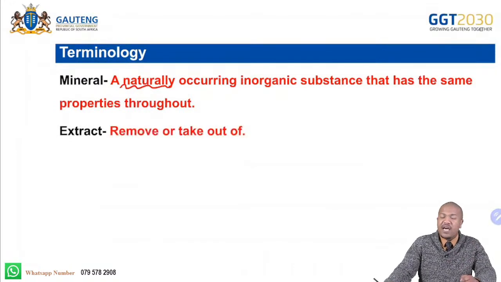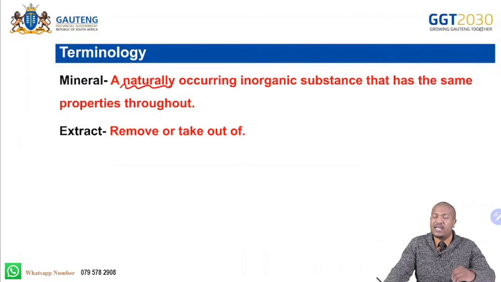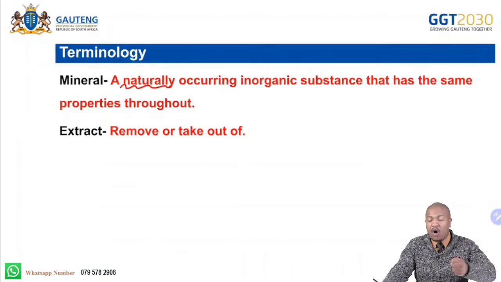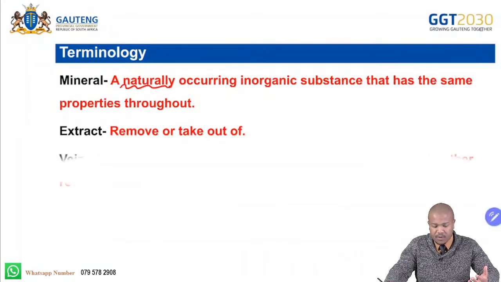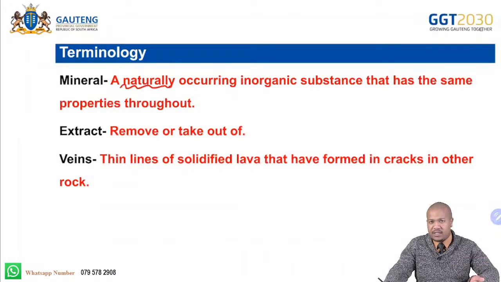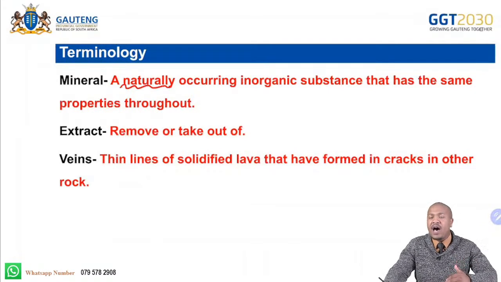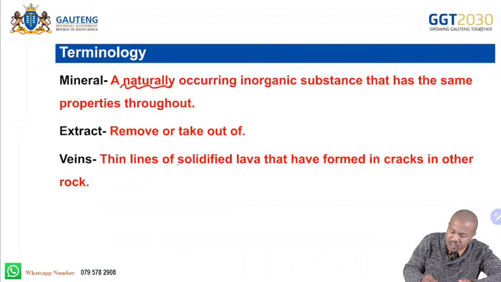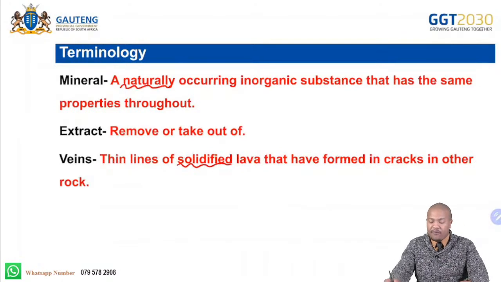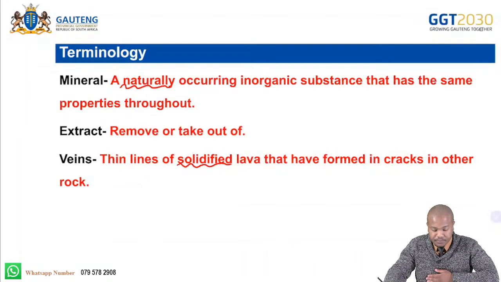Then we have extract. What does it mean to extract now? To extract is to remove or to take out of something. Then we have veins. And veins, in this case, are thin lines of solidified lava that have formed in the cracks in other rocks.